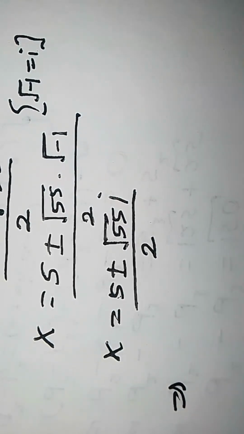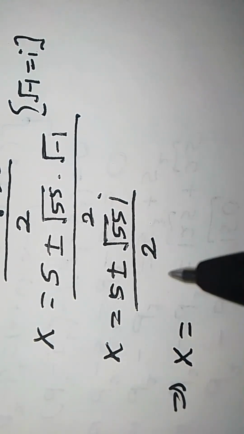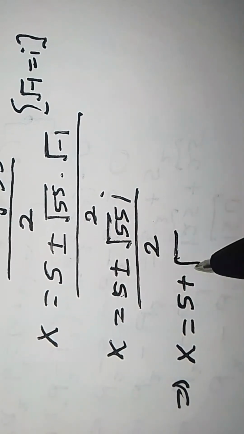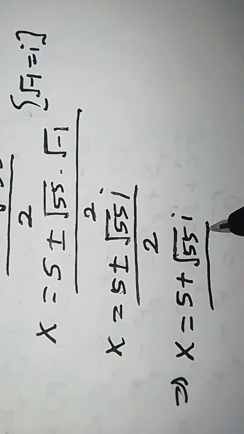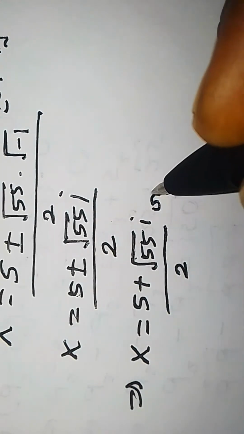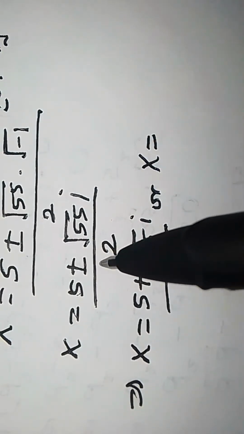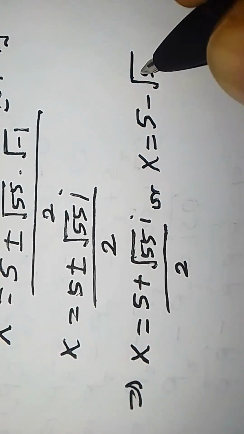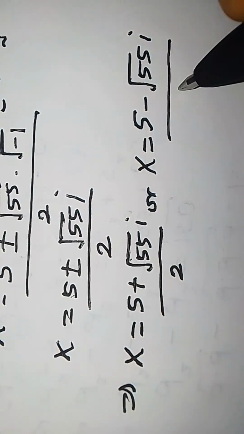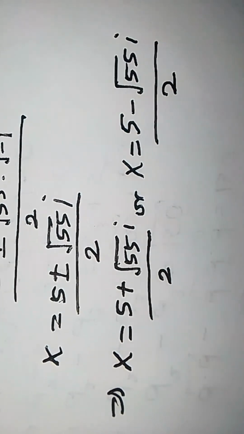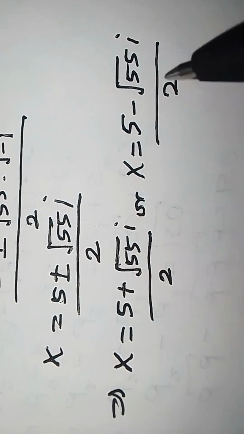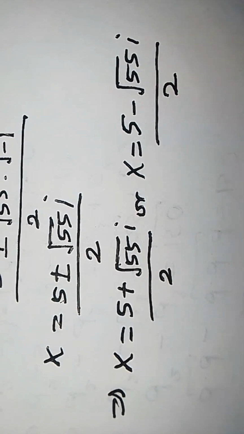This thus gives x equal to, considering a positive sign, we have 5 plus square root of 55i over 2, or x equals to, considering the negative sign, we have 5 minus square root of 55i, all divided by 2. This is another set of solutions, two complex solutions, 5 plus square root of 55i divided by 2 and 5 minus square root of 55i divided by 2.